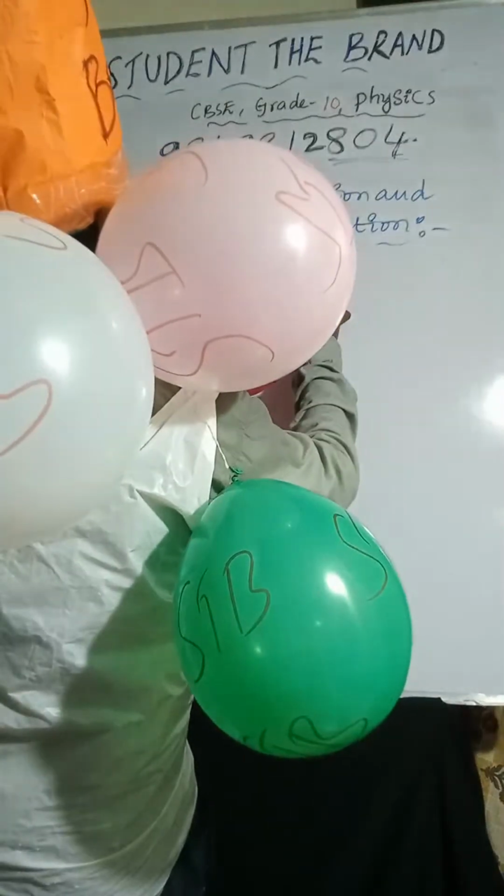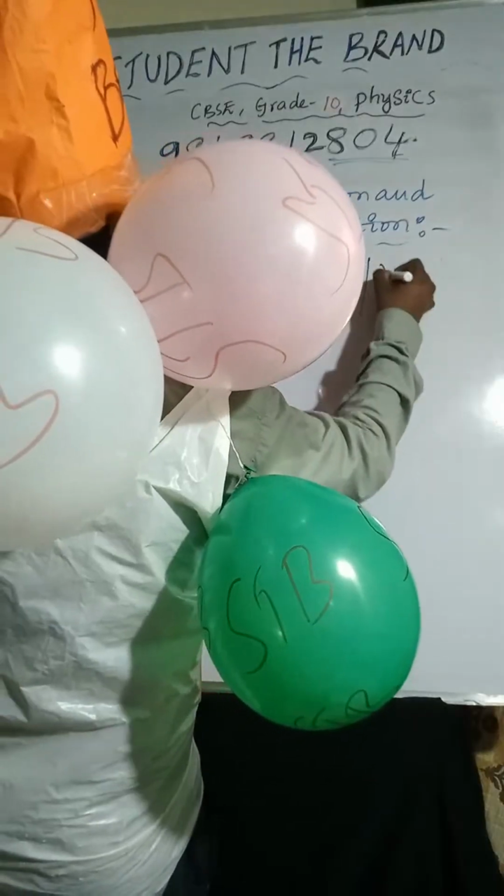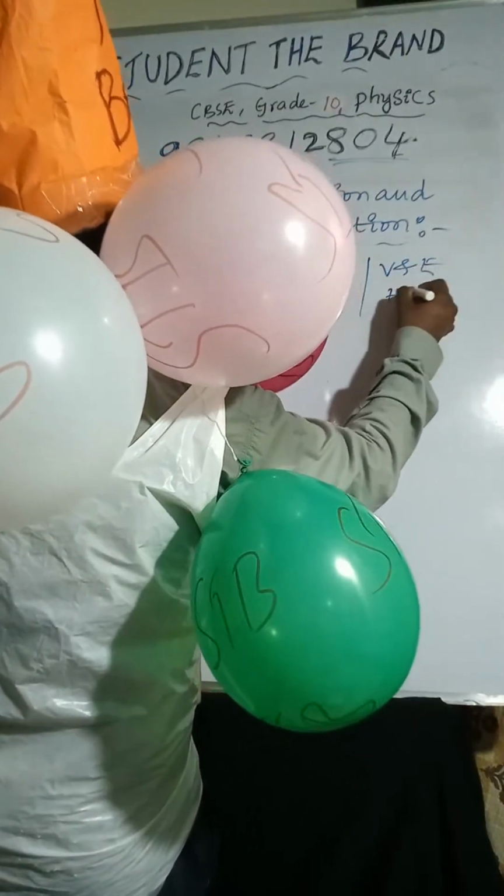Object is at infinity, image is forming at F. Nature of the image is virtual, erect and highly diminished.